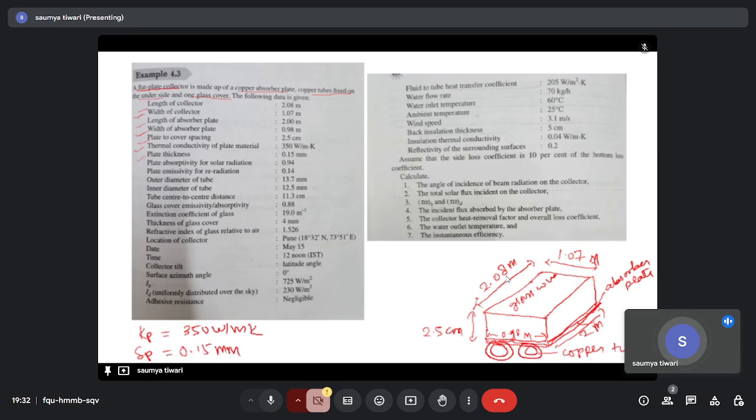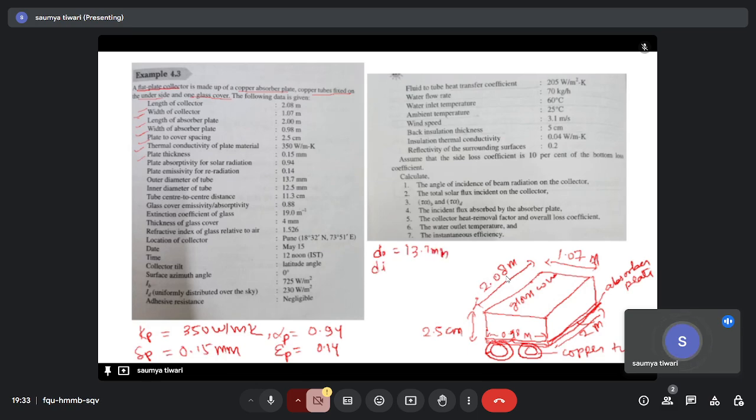What else is given? The plate absorptivity for the solar radiation is 0.94. Emissivity is given 0.14. Now the tube outer diameter is given, so this is 13.7 mm.